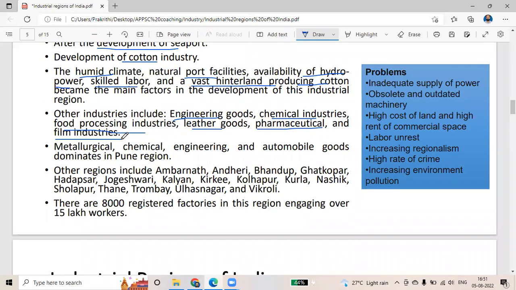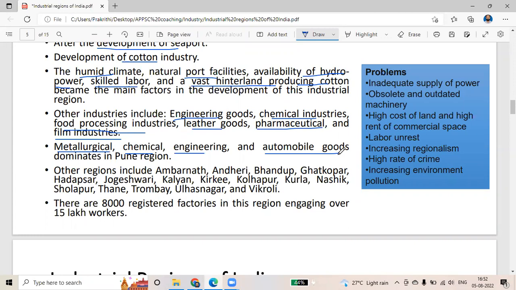If you look at the Pune region, it has metallurgic, chemical, engineering, and automobile industries dominating in Pune region.